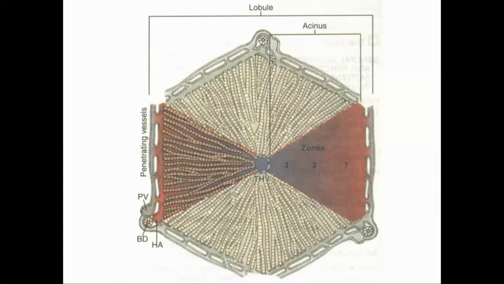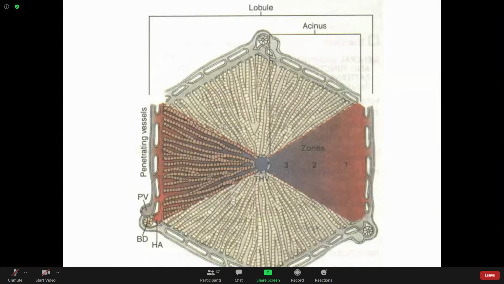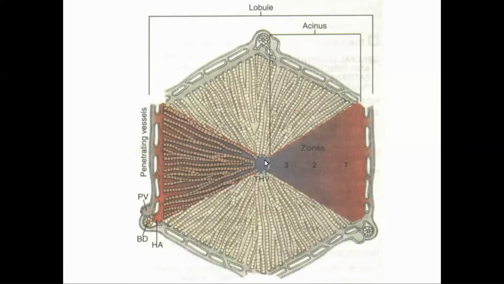Now, what is the functional lobule or acinus? If you see, this is the central vein, and this is the triangular part. This is the functional lobule, and it has three zones: zone 1, zone 2, zone 3. It gets its blood supply from the periphery. These are penetrating vessels, artery and vein, branches of the portal vein and hepatic artery, supplying from here and going there.